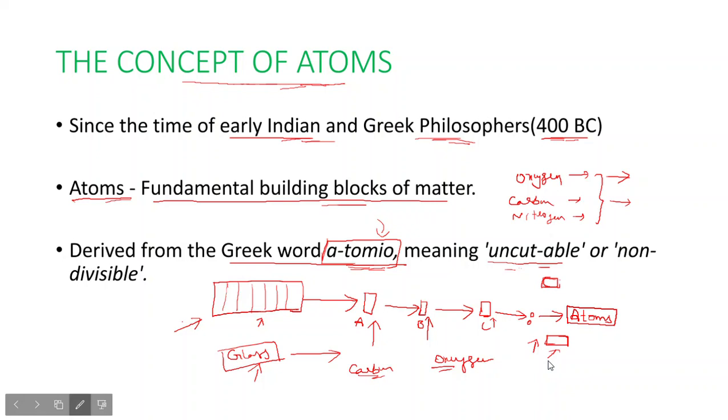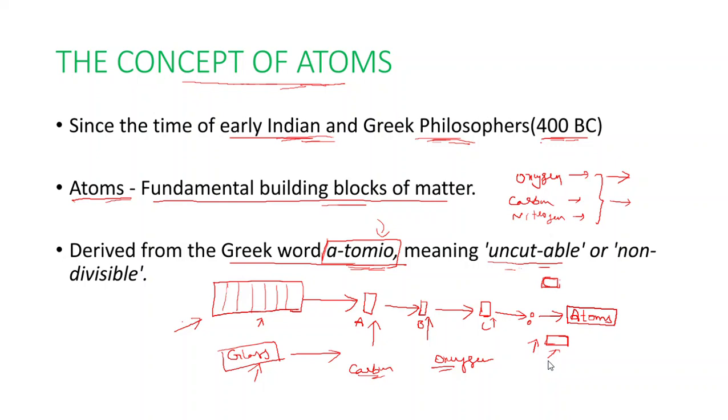But as we know, there are other subatomic particles. We know that there are subatomic particles like electrons, protons, neutrons. But during the age of Indian and Greek philosophers, what they thought is that atoms are the smallest particles in this universe.